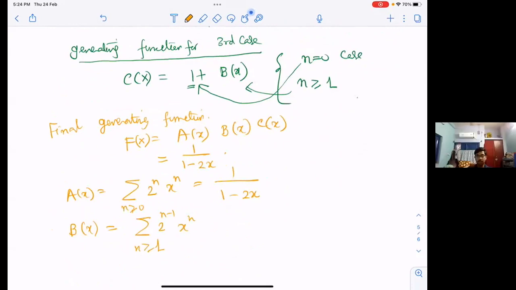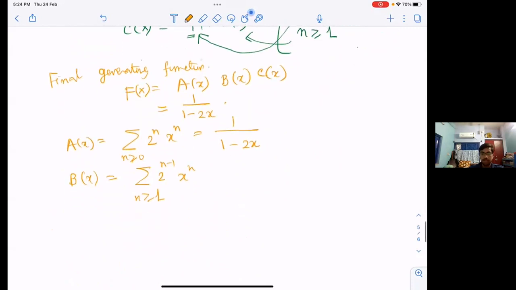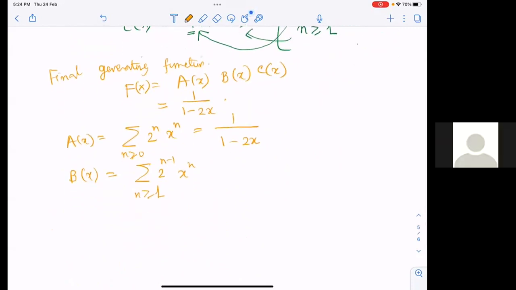Half into a minus 1. No, a minus 1 into half. Like 1 by 1 minus 2x minus 1 into half. So ax by 2, you have to derive it once. Yeah, that's the correct answer: x by 1 minus 2x.